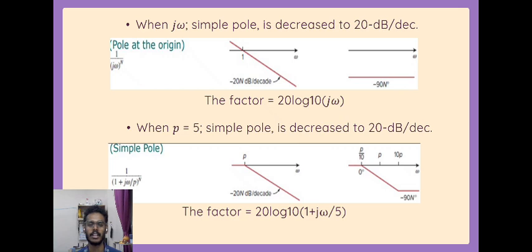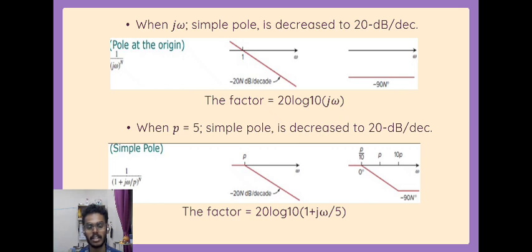So this slide itemizes the same elements. We can see their individual effects. The constant 0.4 gives a fixed downshift with no slope. The zero at 10 radians per second will be 20 dB per decade gain beyond ω equals 10.